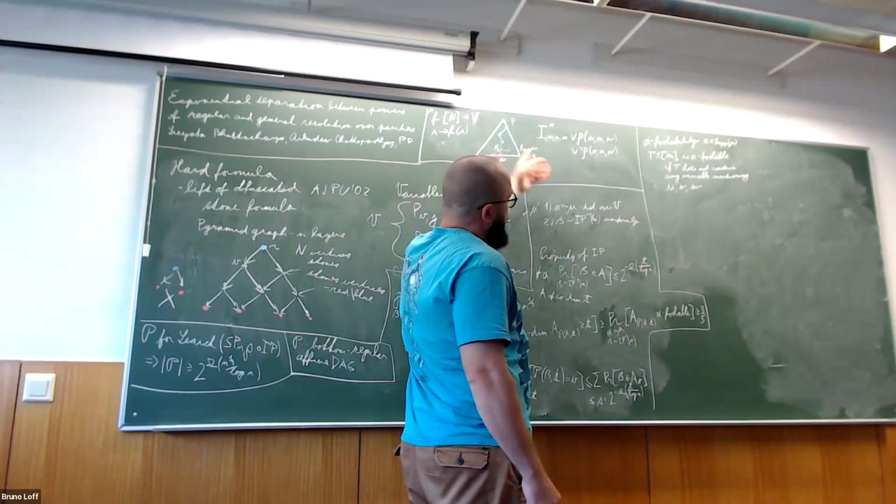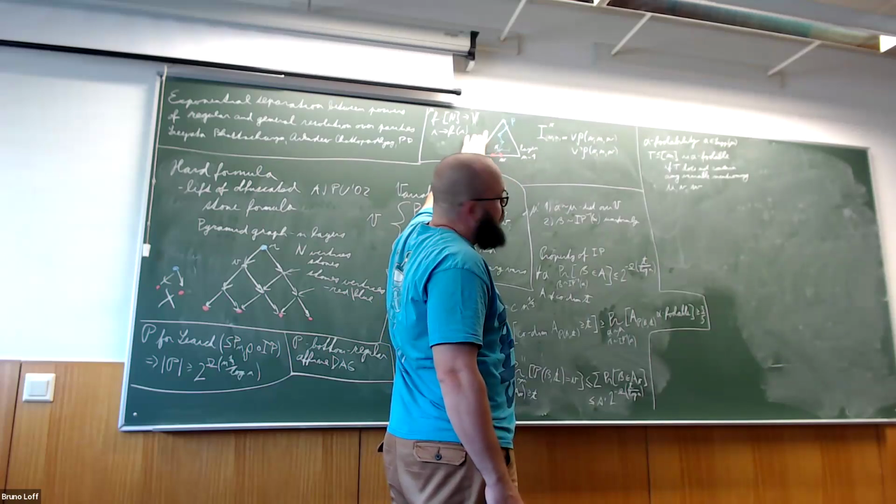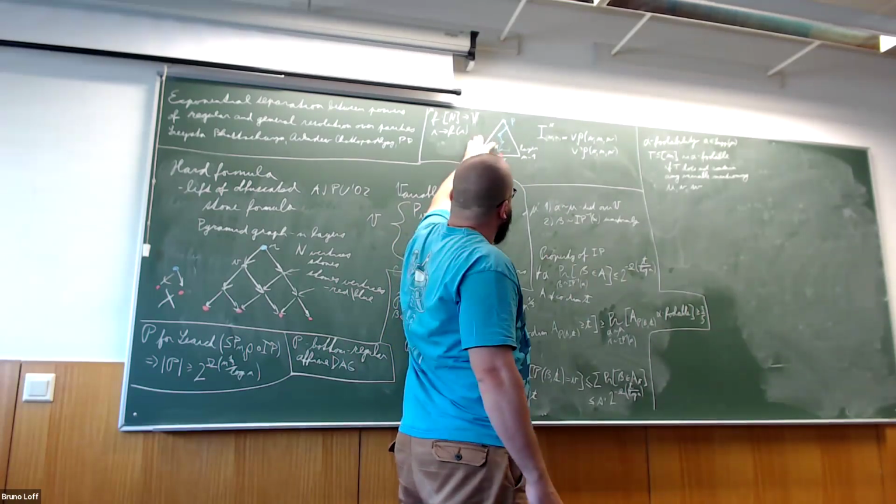Alpha is some sample of the mu, so it induces this coloring.